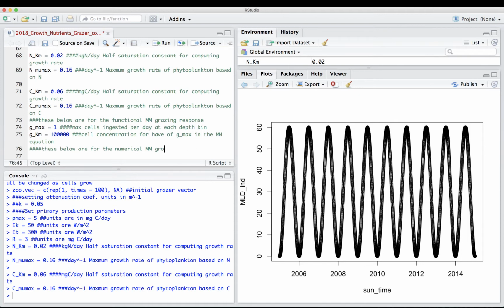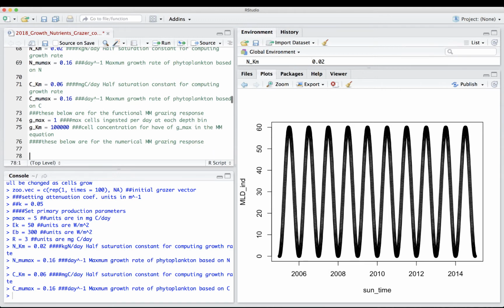I guess it's still a gradient response. So one has to do with how much they eat. One has to do with how much they grow based on how much they eat. I'm sorry, what their growth rate is based on how much they eat, and then we take that growth rate and we put it into an exponential equation.